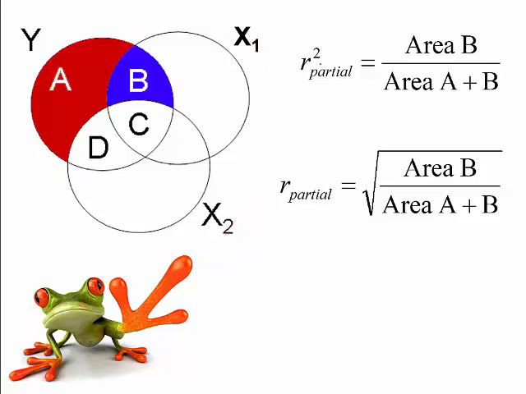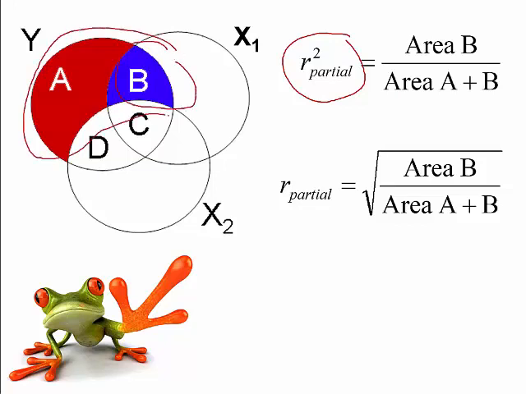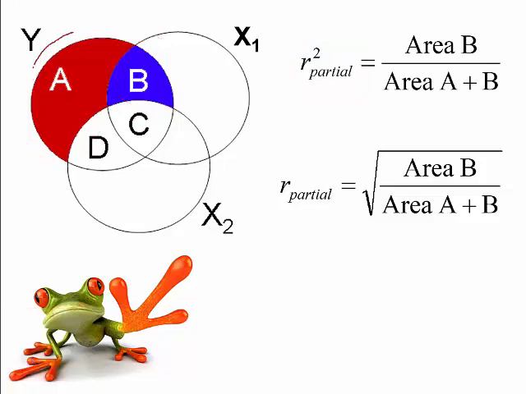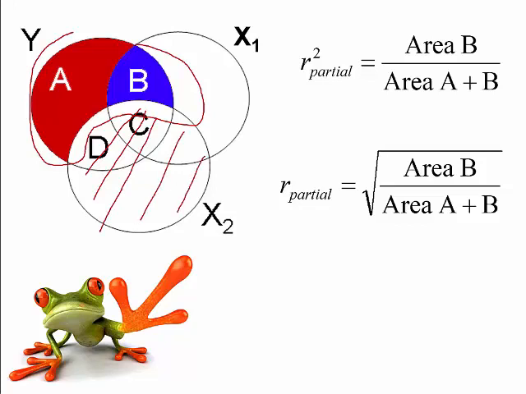So we can say our squared partial correlation, the percent of variance explained, is area B divided by area A plus B. And note that area A plus B is the total variance of Y after x2 has been extracted out of it. So it's the residual variance in Y after x2 is extracted out.